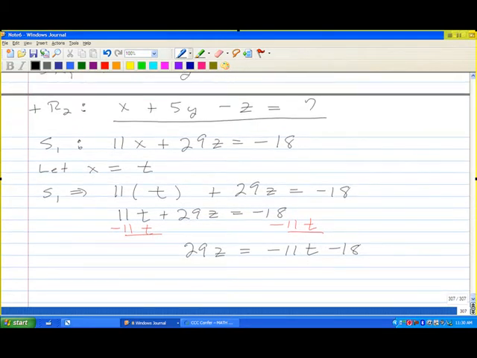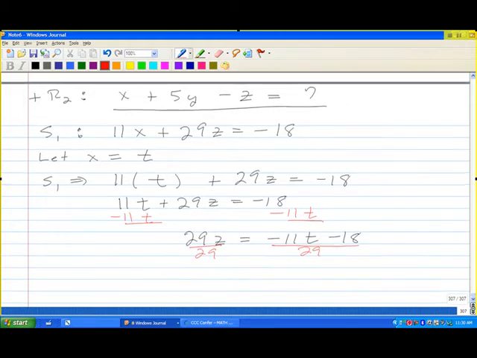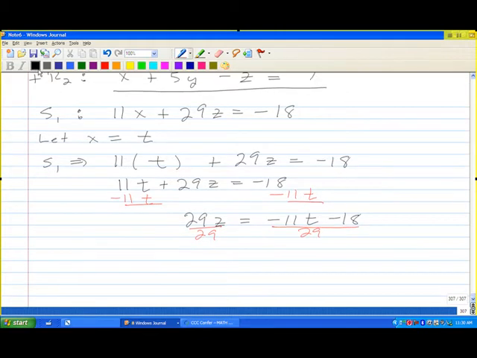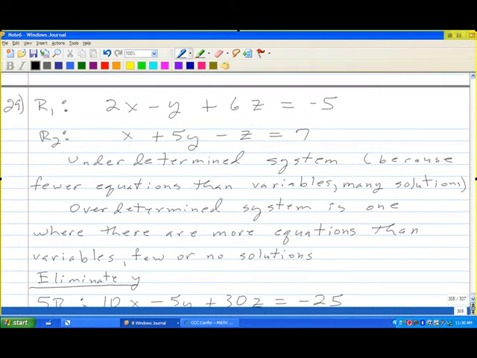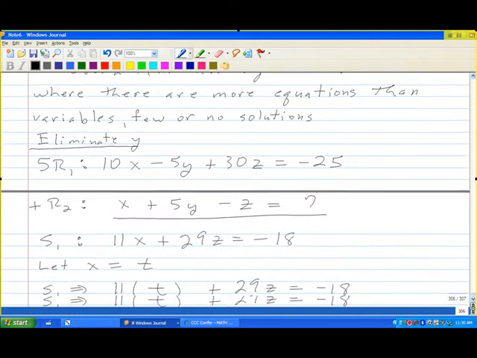Divide both sides by 29, and I get z equals negative 11t minus 18, all over 29. So I figured out x and z, and now I want to figure out y, so I can just plug into the first equation, R1.